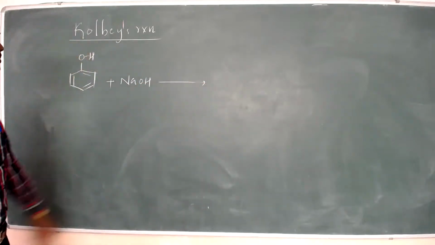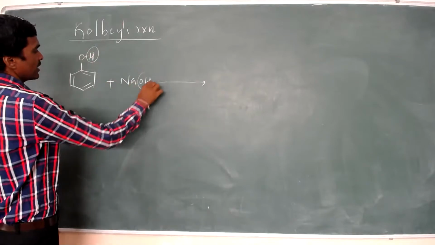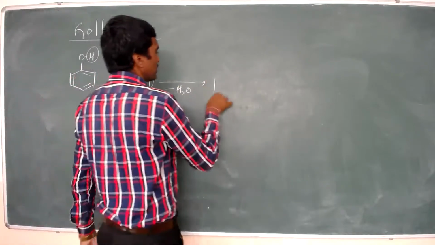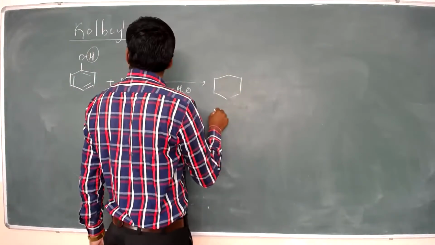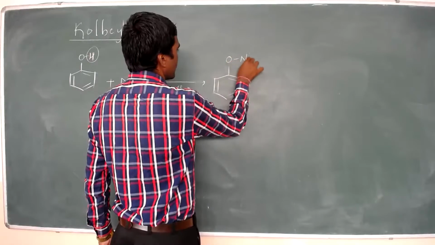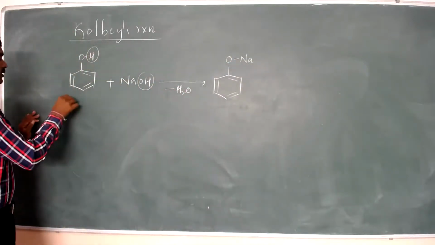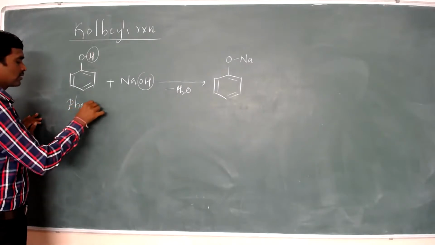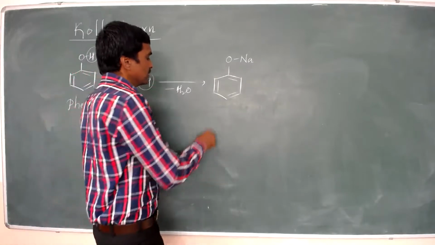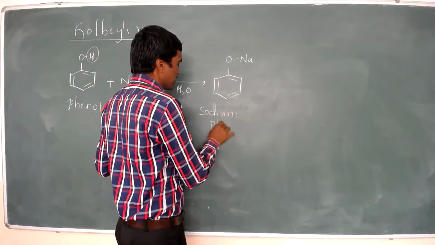From here, H from your OH and a water molecule are eliminated. Then sodium phenoxide will be formed. This is the phenol. Phenol reacts with sodium hydroxide, then a water molecule is eliminated, then sodium phenoxide is formed.